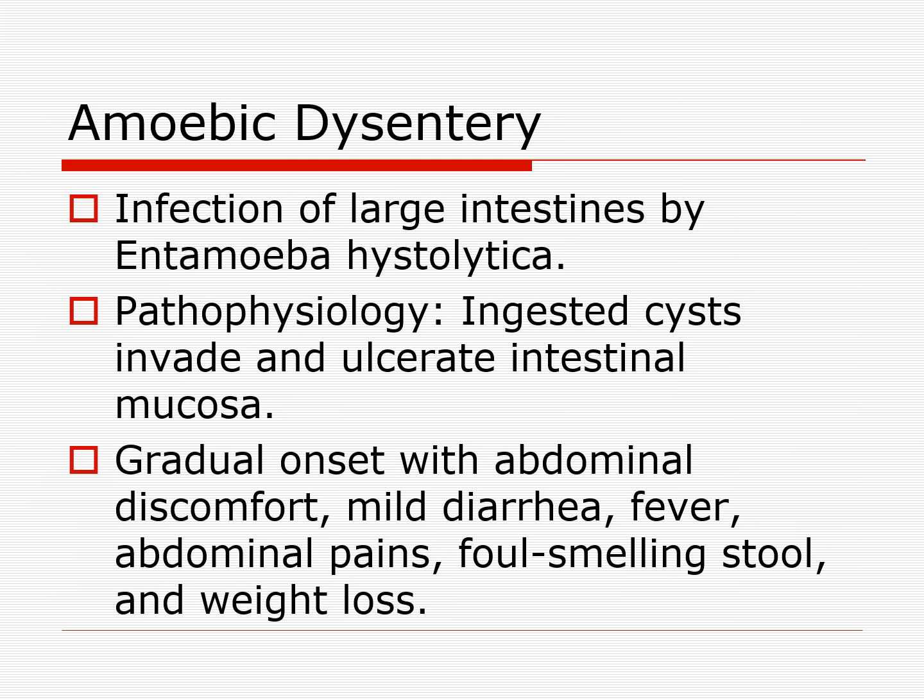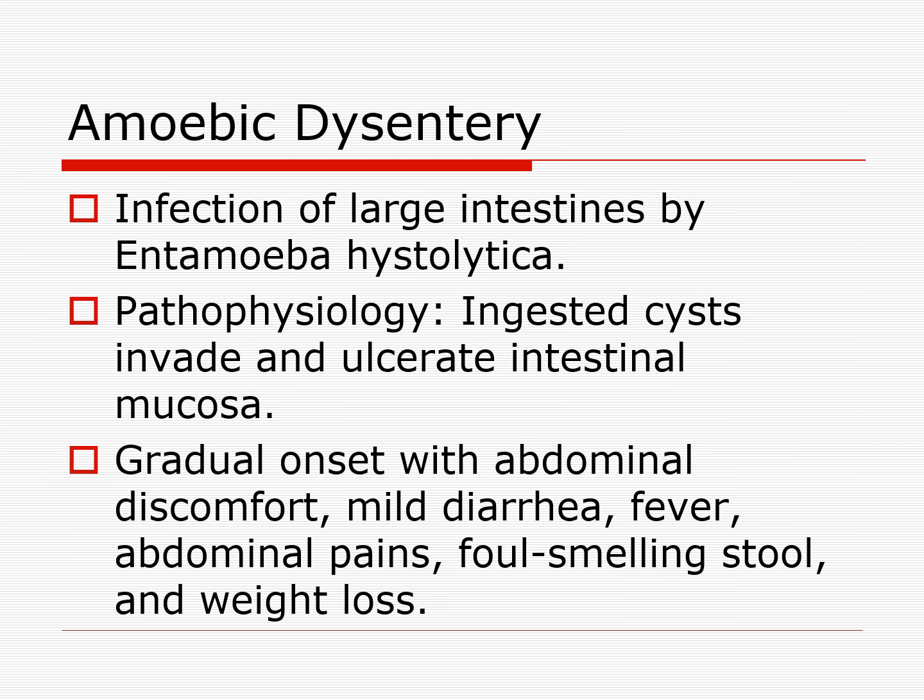The ulcers they form are flask-like. Some of the amoeba go through the mesenteric artery and reach the liver, causing total destruction of the liver and resulting in amoebic hepatocellular necrosis followed by liver abscess.